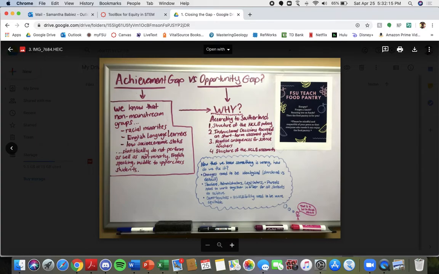So I definitely wanted to hang on to this graphic because I felt like it really captured my thinking at the time, when it was really fresh and we were talking about it in class. So I wanted to make sure that was here and that I can go back and reference my thoughts very quickly.